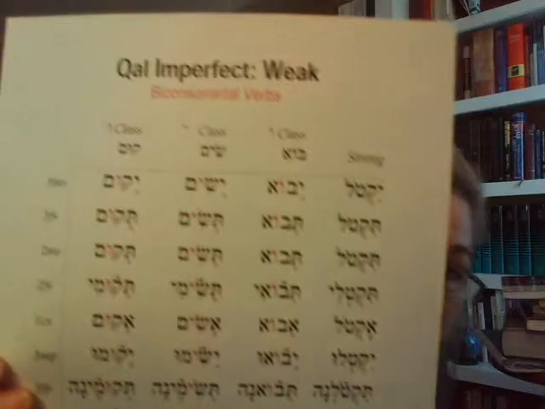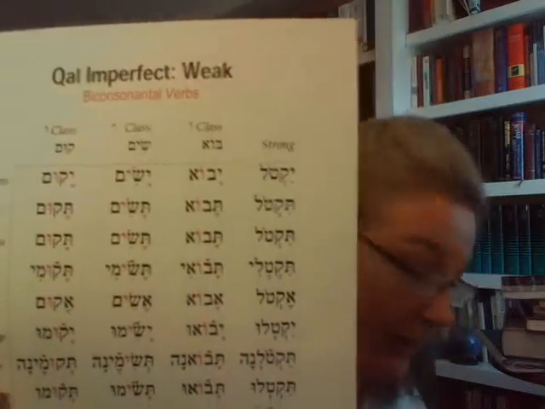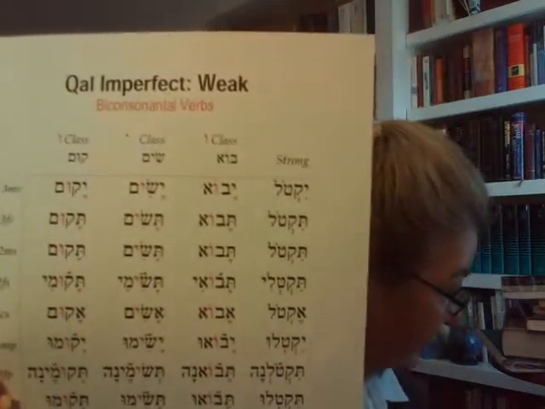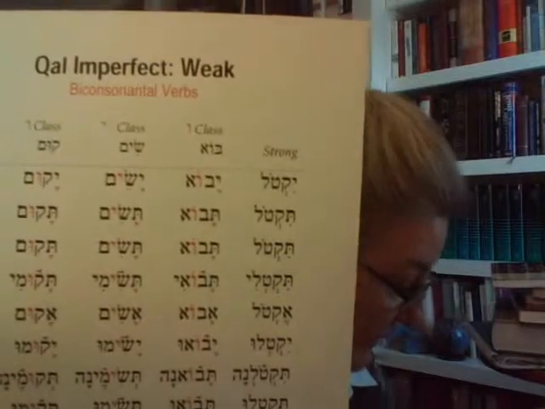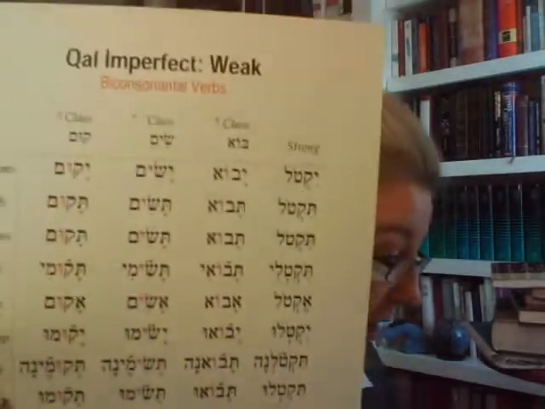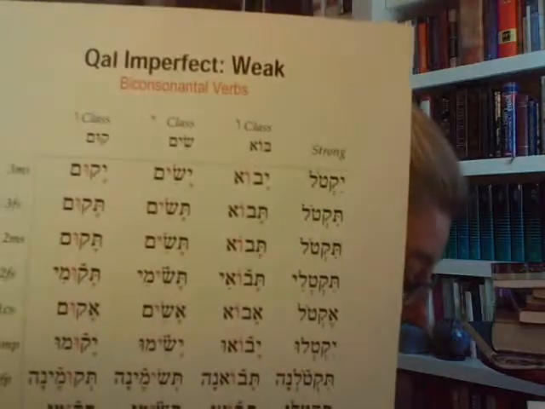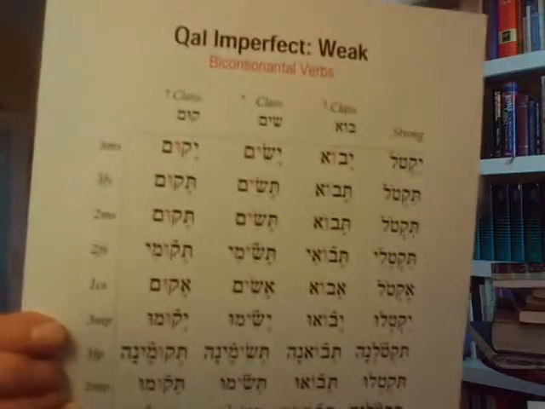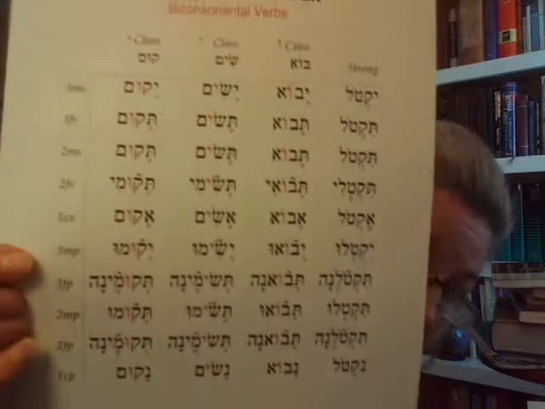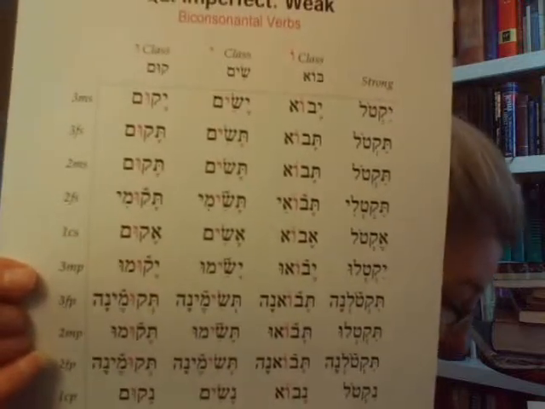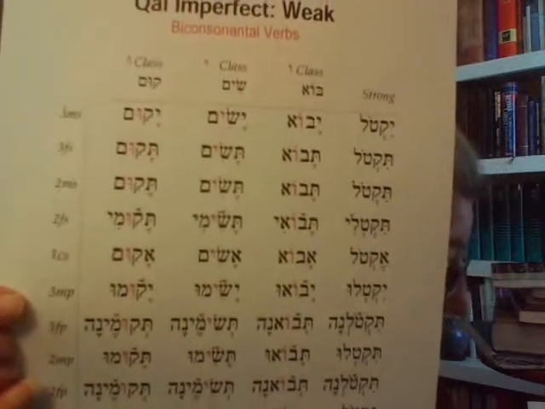So here is a paradigm of the Qal imperfect weak biconsonantal verbs. So just some basic things to remember, and this is all in your book, 16.15: in all the forms except 3FP and 2FP, in every class, the preformative vowel is a patach.